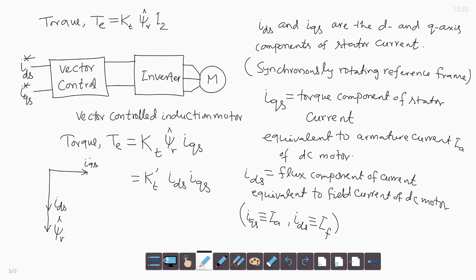So, they are mutually orthogonal, so that we get fast transient response like DC motor, and for that reason the vector controlled induction drive is preferred.